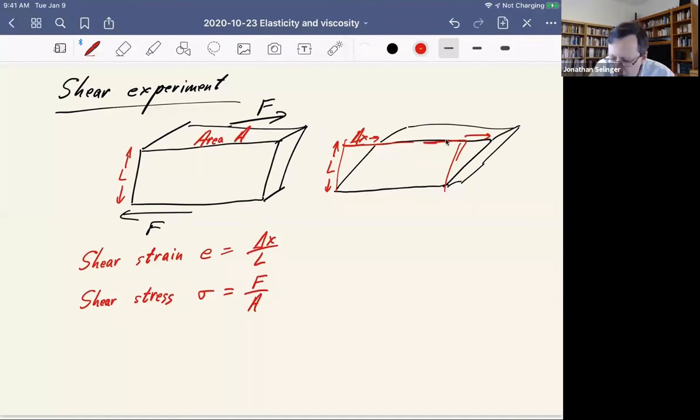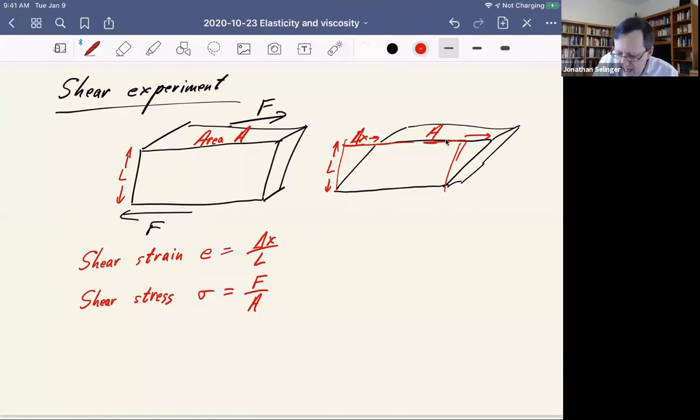Because the force is applied all over this top area and all over the bottom area. So, whoops, wrong pen. A is over here, okay? So L is always perpendicular to A, right? A is the area over 2 dimensions, and L is the length in the 3rd direction in 3-dimensional space.